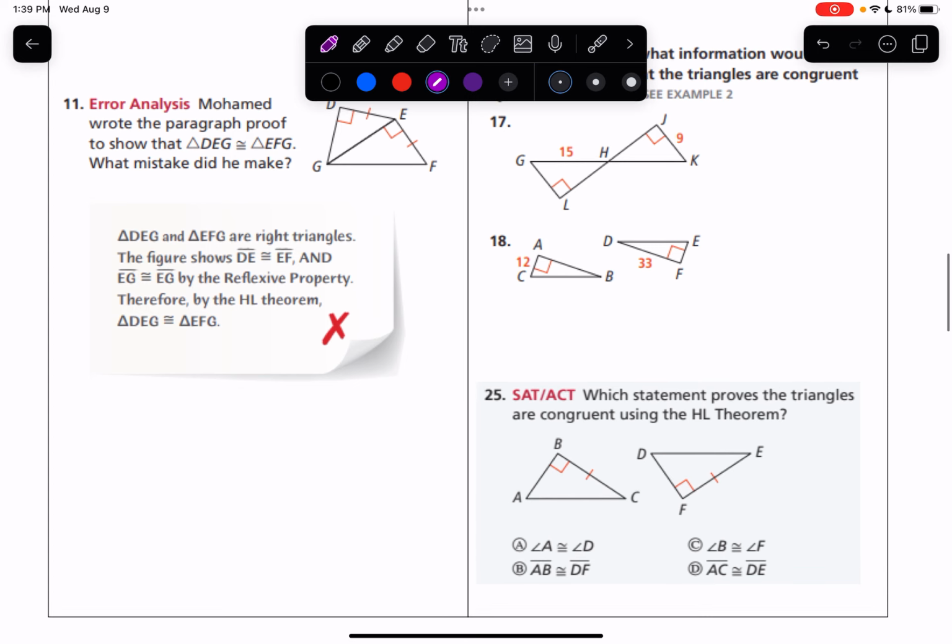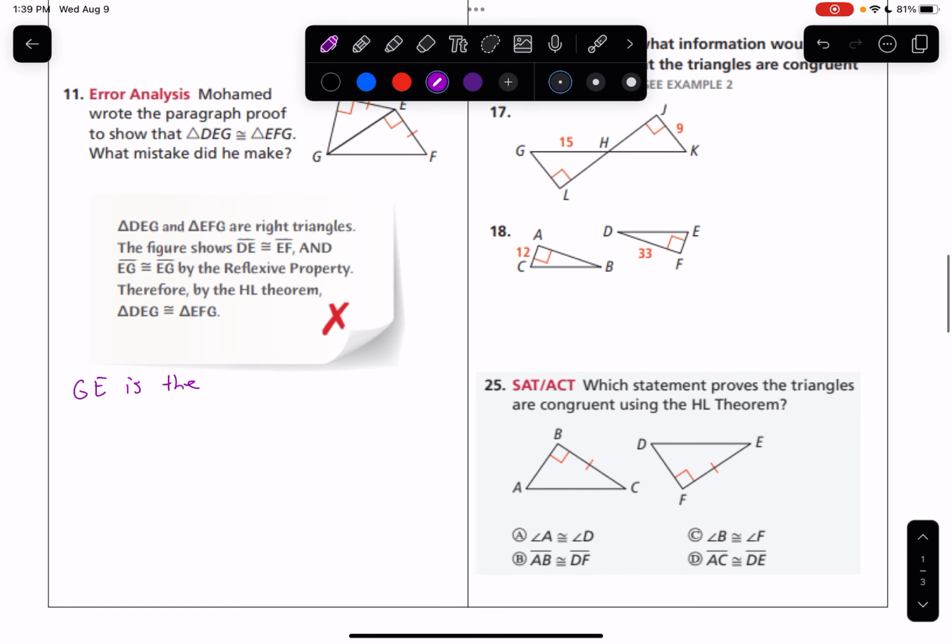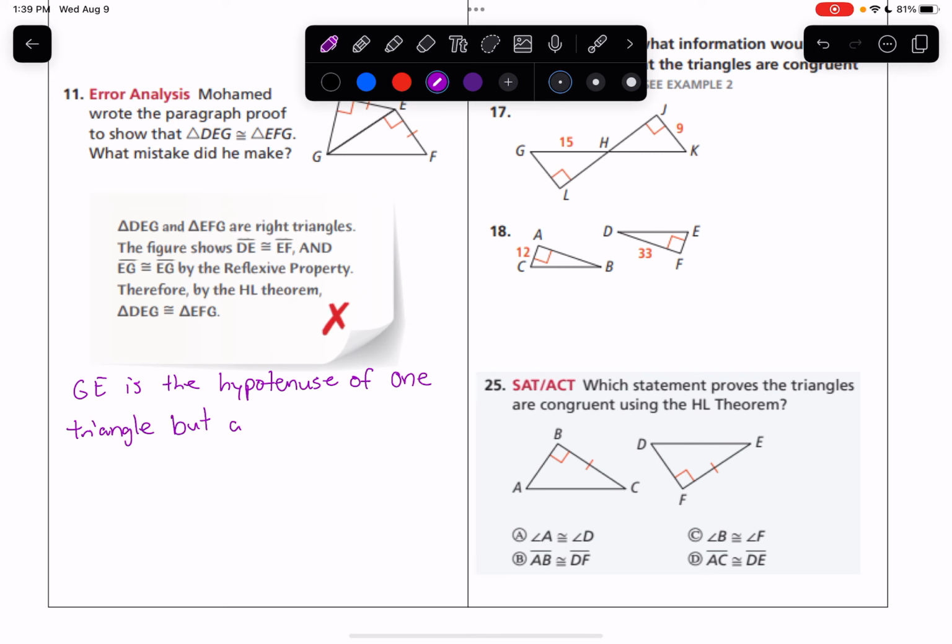So GE is the hypotenuse of one triangle, but a leg of the other.